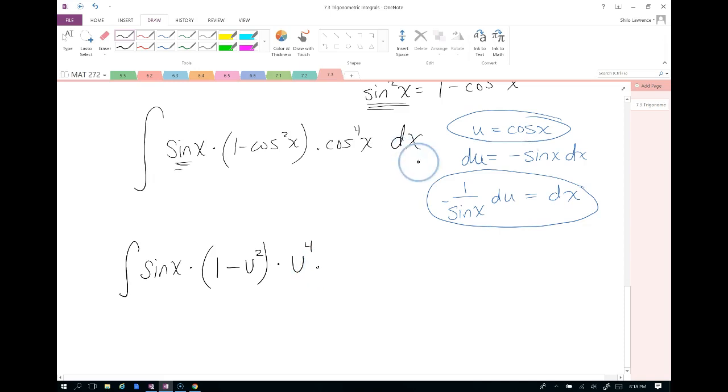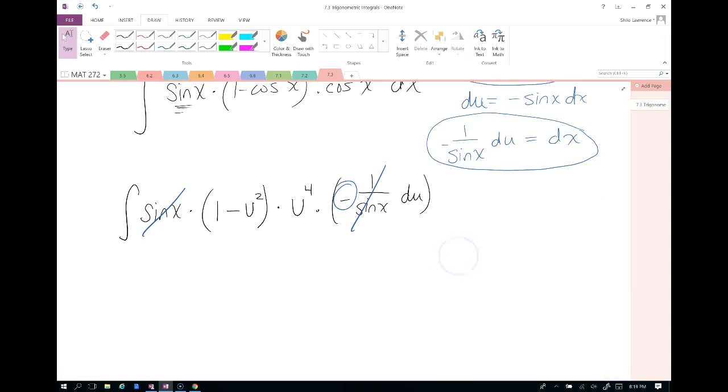And you see those sines are going to cancel each other out. The negative doesn't go though. The negative is going to stay. I am going to go ahead and use that negative to switch around my subtraction here.